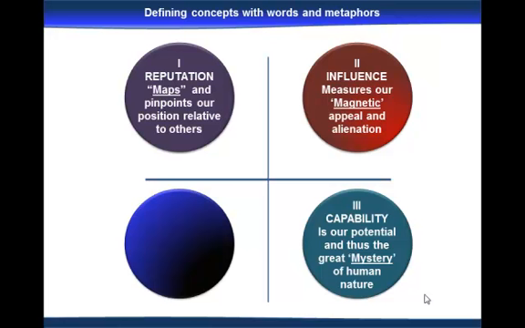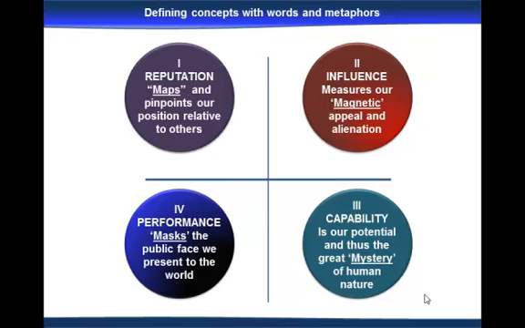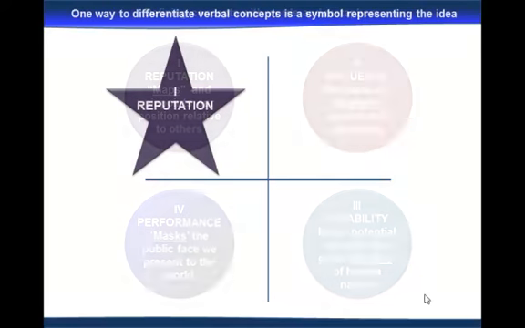Our capability is a potential, and thus, as a potential of our human performance and presentation, it's really the great mystery of human nature. And finally, consider the performance itself, which is really a mask. The performance masks our public face, the face that we present to the world.